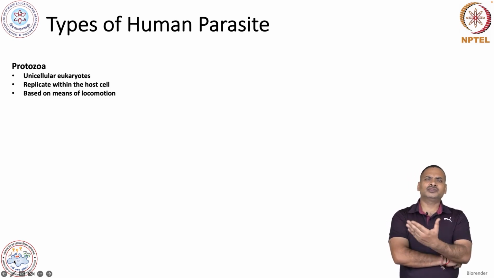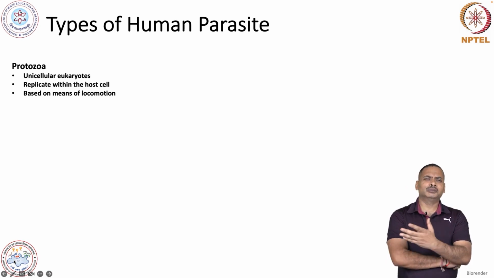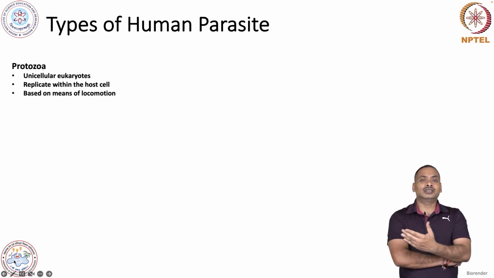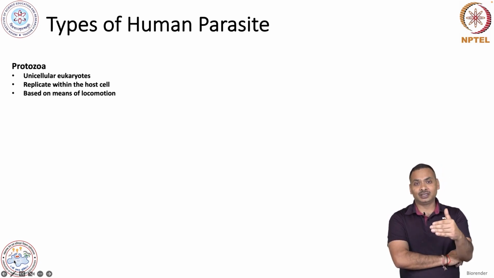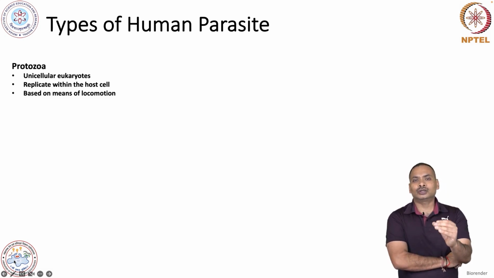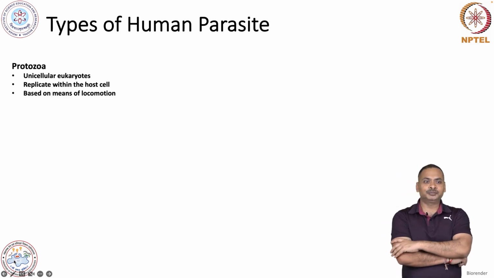There are also various free living protozoa, like paramecium, which you might have studied in class 10th or 12th standard, or amoeba. But the parasites which I am going to discuss are those protozoa which cause disease in humans.